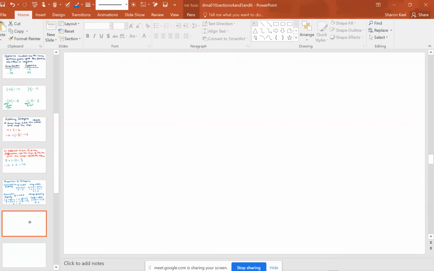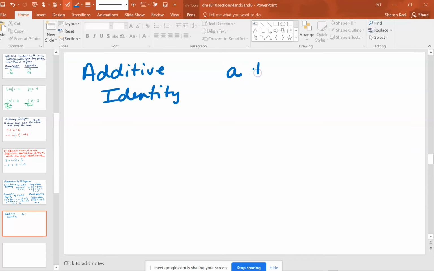The last two properties we have are the additive identity and multiplicative identity. The additive identity would be if you have a value and you add 0 to it, you're still going to get the same number. So if I had 25 and I add 0 to it, my answer is still going to be 25.